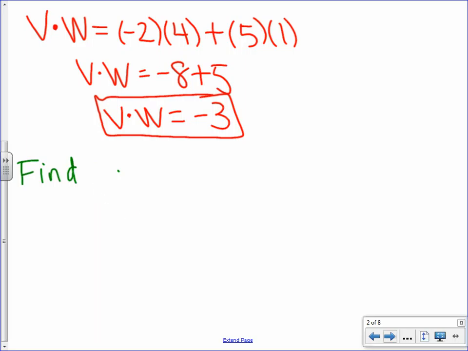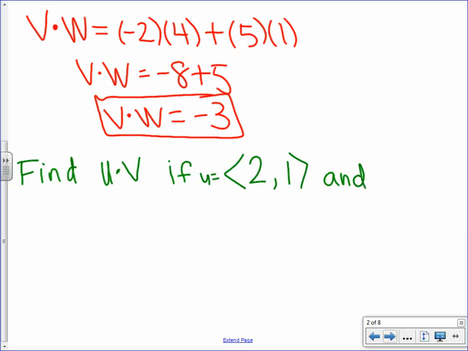You find me the dot product of u and v if we have 2, 1 and negative 1, 0.